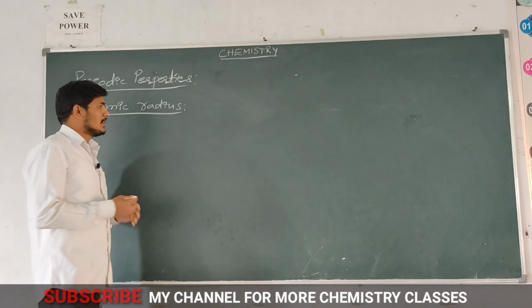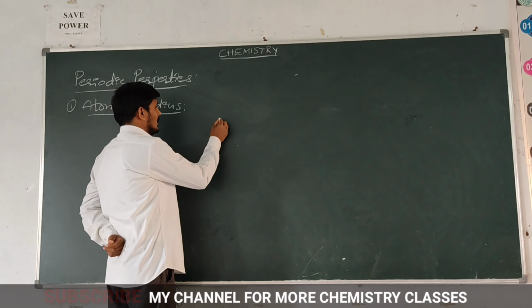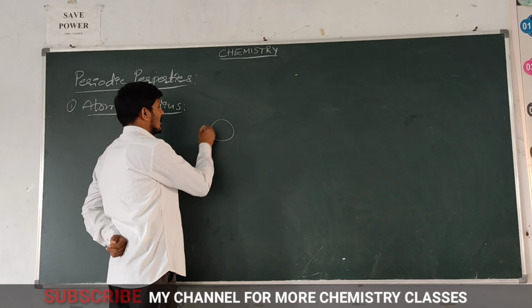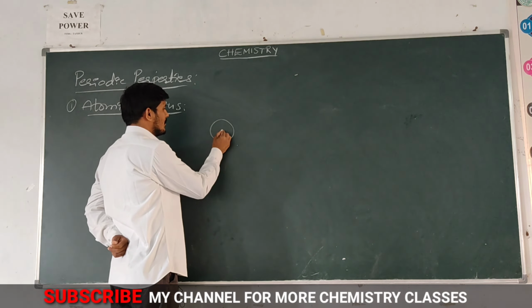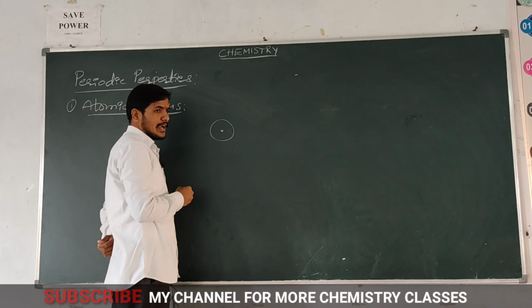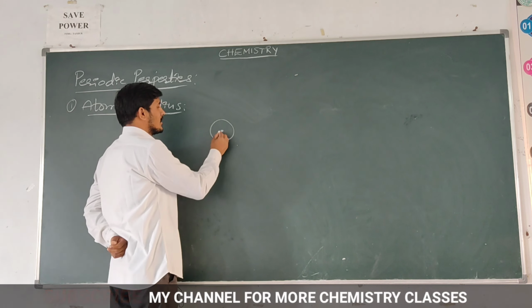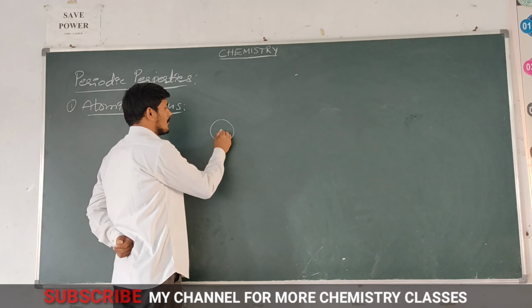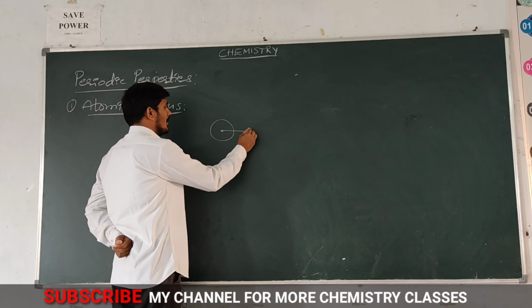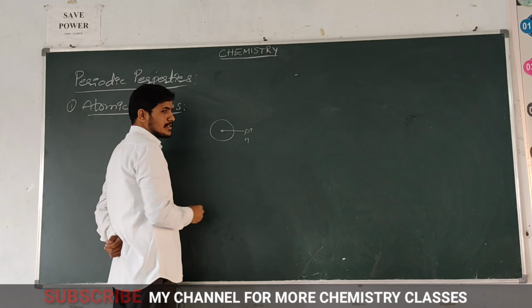For example, imagine this is an atom. Every atom has a nucleus at the center. This nucleus is made up of positive protons and neutral neutrons.